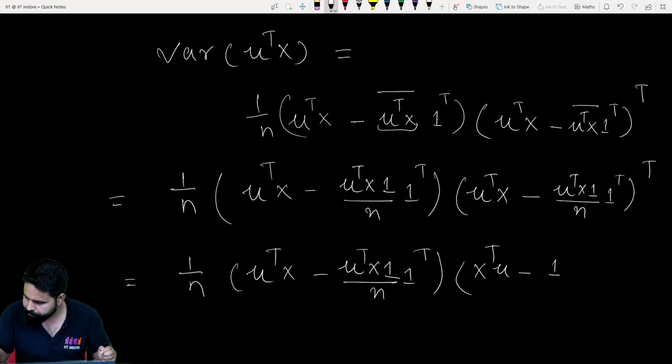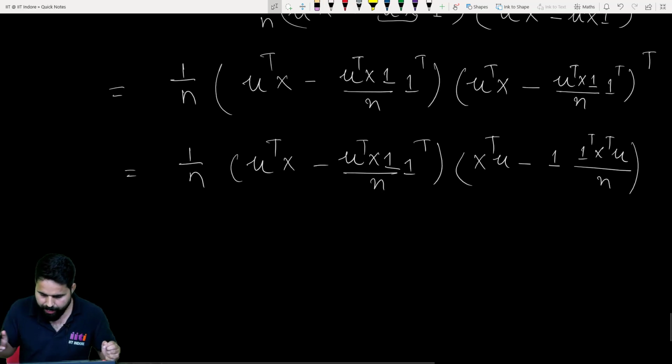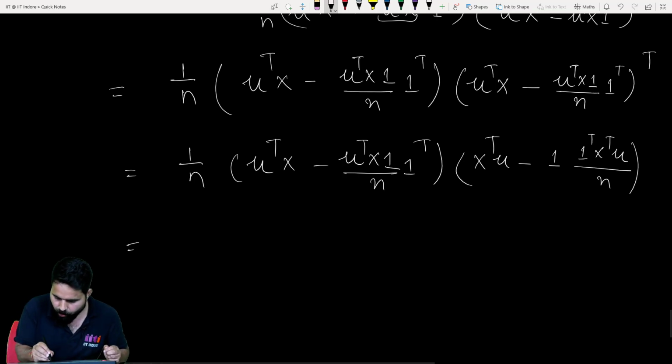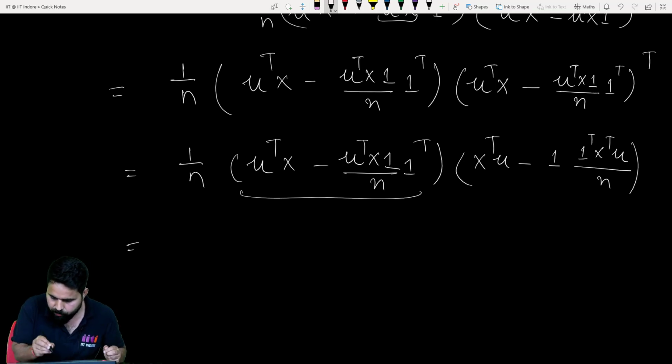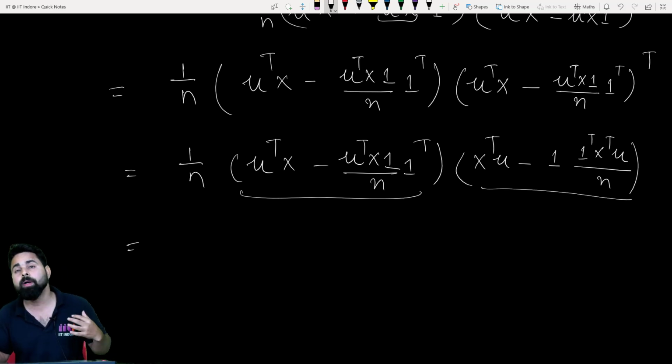Then this will be 1, then 1 transpose x transpose u divided by n. Here the transpose is nowhere because I have taken it inside. Now I can take something common here. From this part I can take u transpose common to the left side, and from this part I can take u common to the right side.